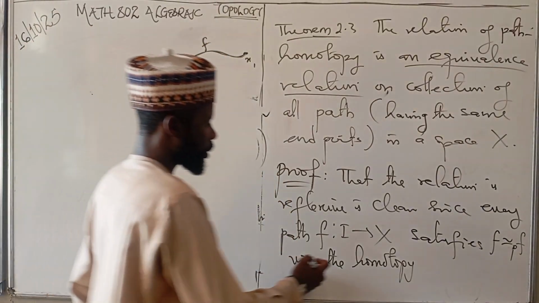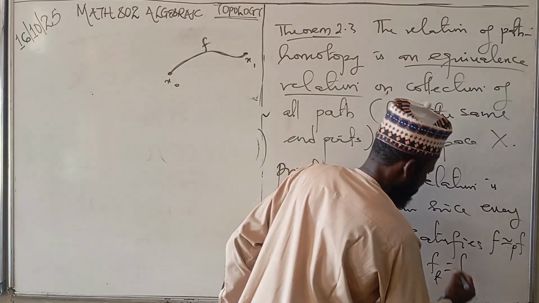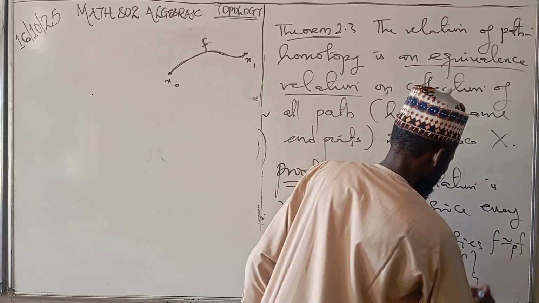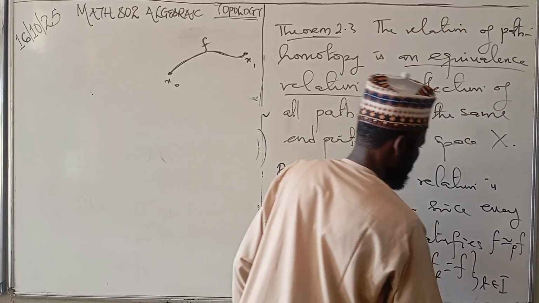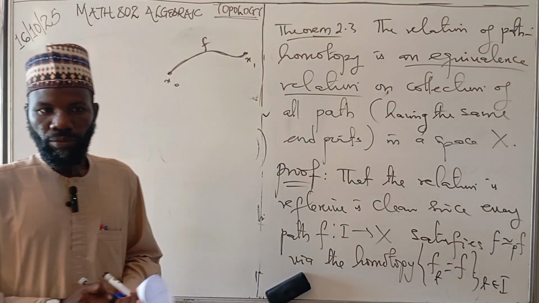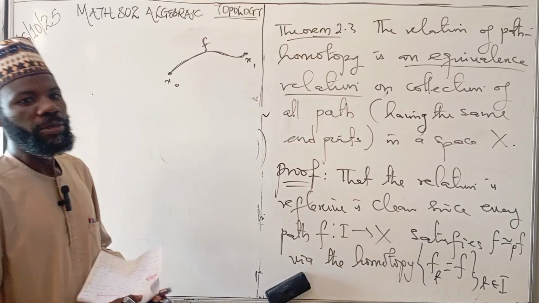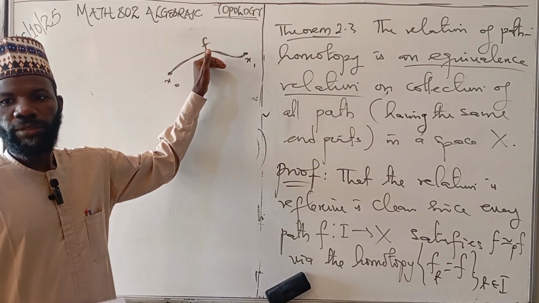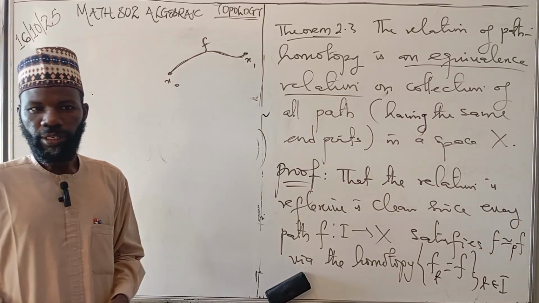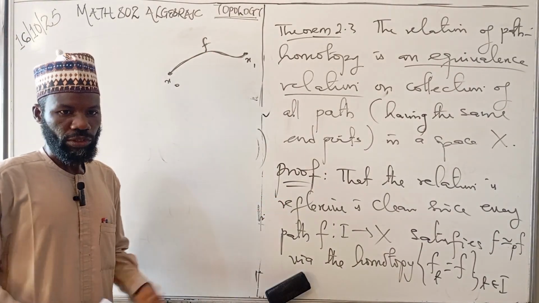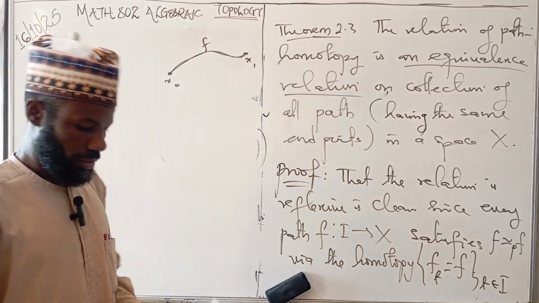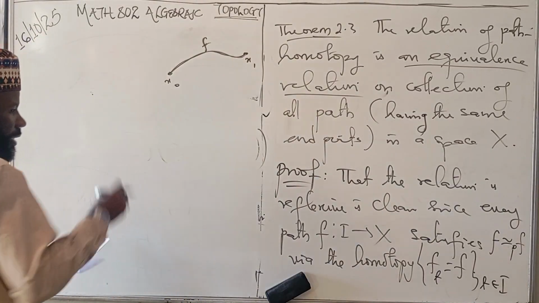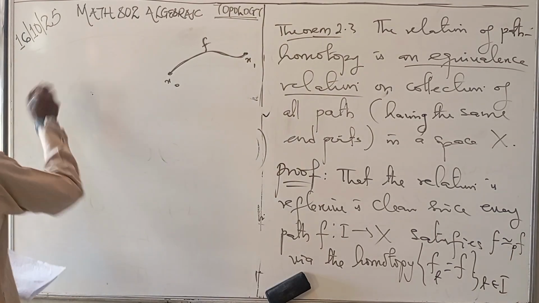So via the homotopy Ft equal to F. So you just stay there at F throughout the time interval. After 1 hour, you are still at F. I hope it's okay. So that homotopy is doing the job. It's like the homotopy that stays there at F at all times.